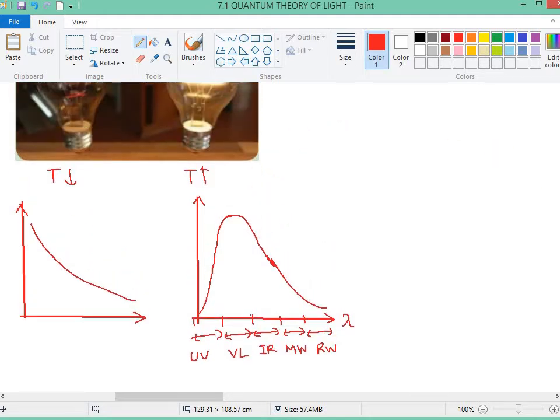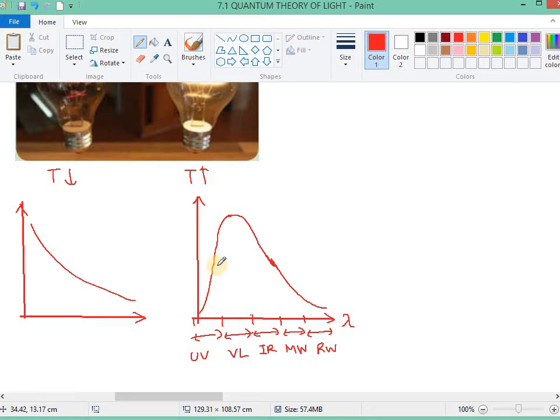So what they find is that when the frequency becomes higher and higher, the intensity of the electromagnetic wave produced at higher frequency, the total amount of energy, drops as it goes towards ultraviolet and beyond.